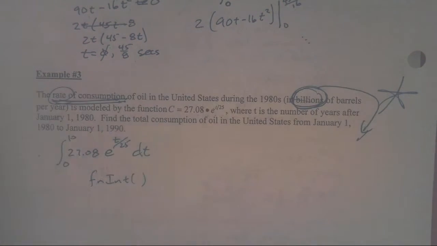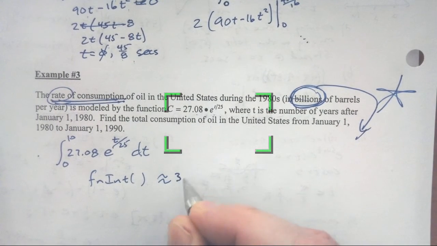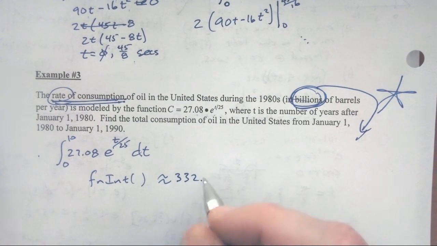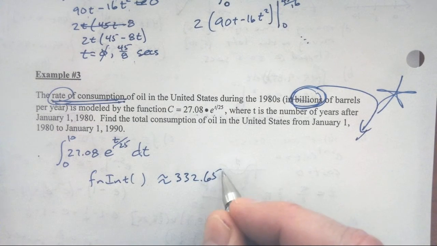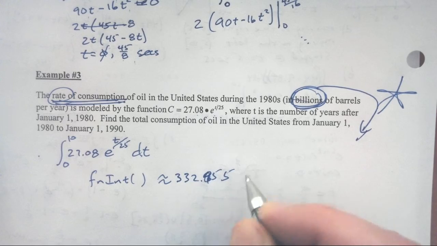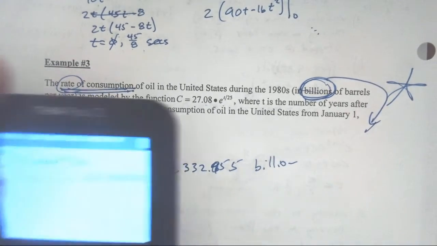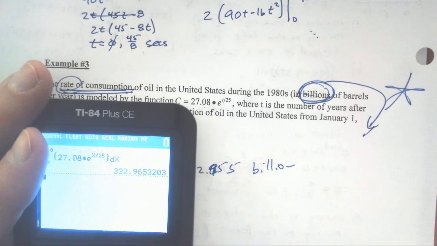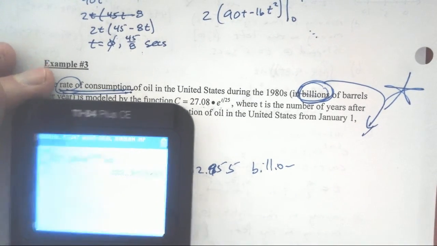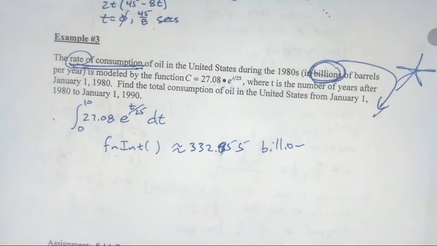And I get approximately 332.96965 billion. Or if you like, we could do the whole decimal move thing there, but probably a good solution here. That's our total consumption.